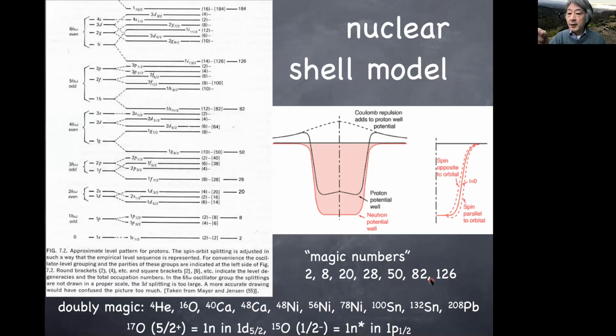Because putting in more protons, of course, occupies a nuclear shell state, but receives much bigger repulsion from the Coulomb interaction. So energetically, it's much more favorable to put more neutrons into the nucleus compared to putting in more protons. So you end up with a much larger number of neutrons compared to protons.